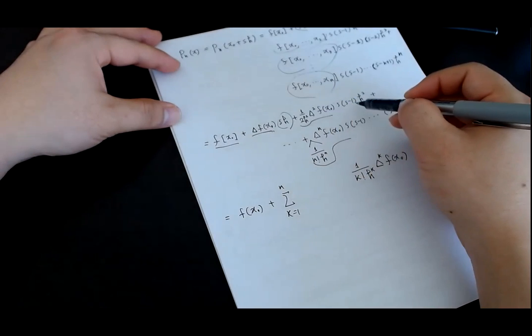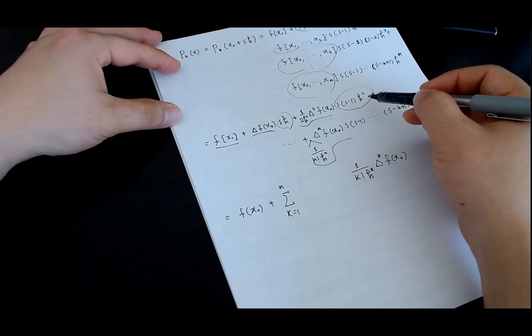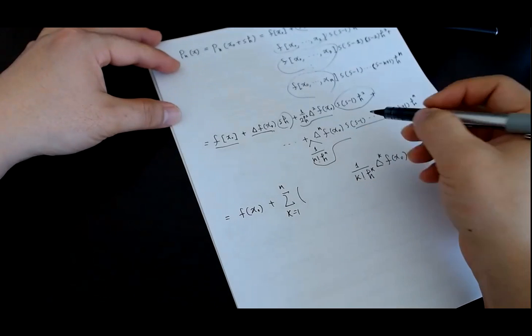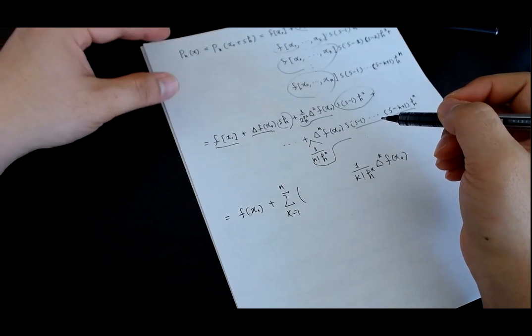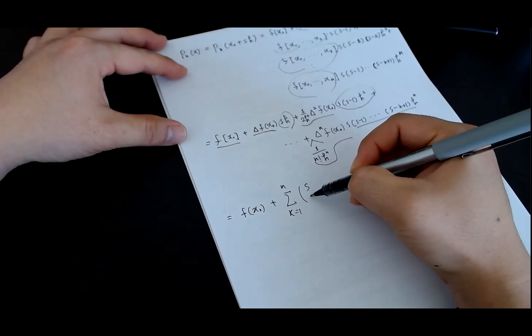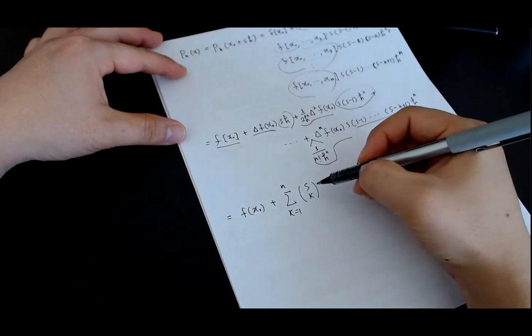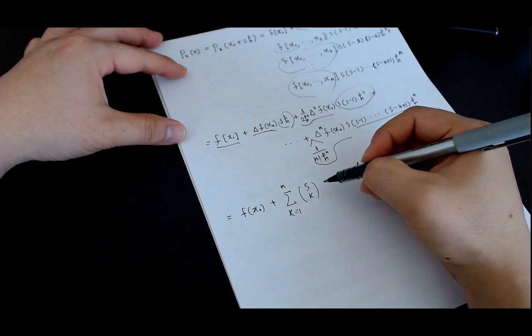s times h, s times s minus 1 times h squared through this. We express this in terms of the combination and factorial, right? s combination k, and then k factorial, right?